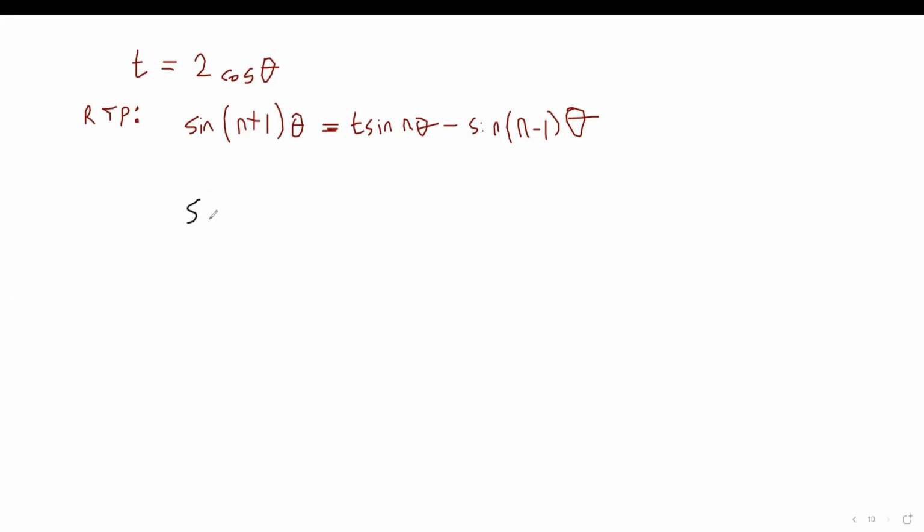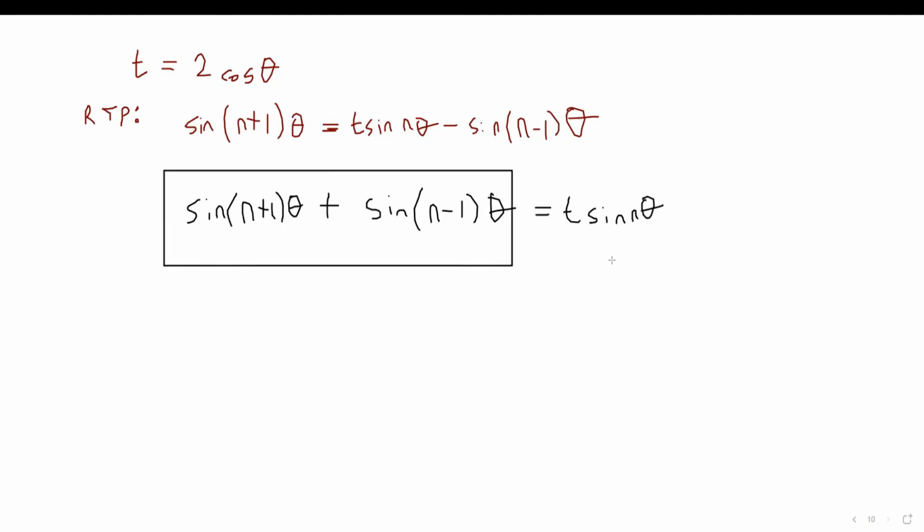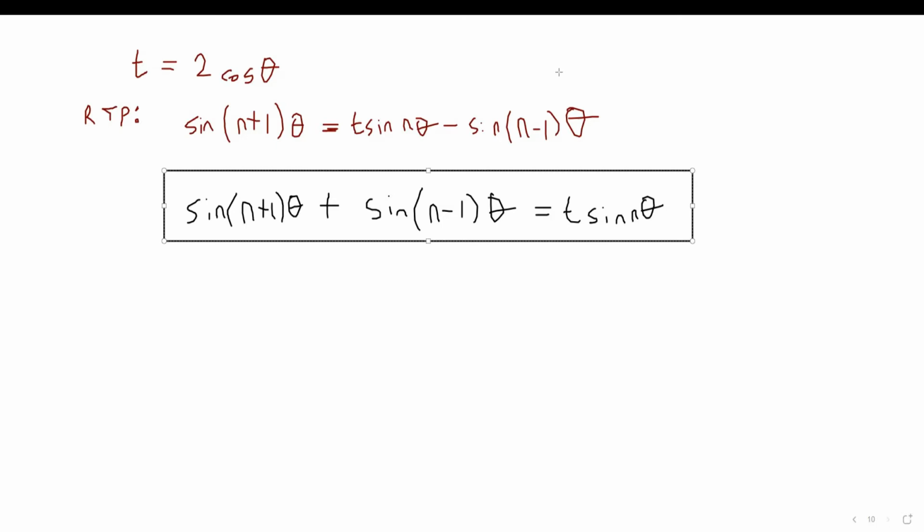So we're going to rewrite this and say we're trying to prove that the sine of (n plus 1) theta, when you carry over the minus it becomes plus, the sine of (n minus 1) theta, is supposed to equal T sine n theta. This is what we're actually trying to prove. Does that make sense? This makes sense, Marika? Yes, sir.